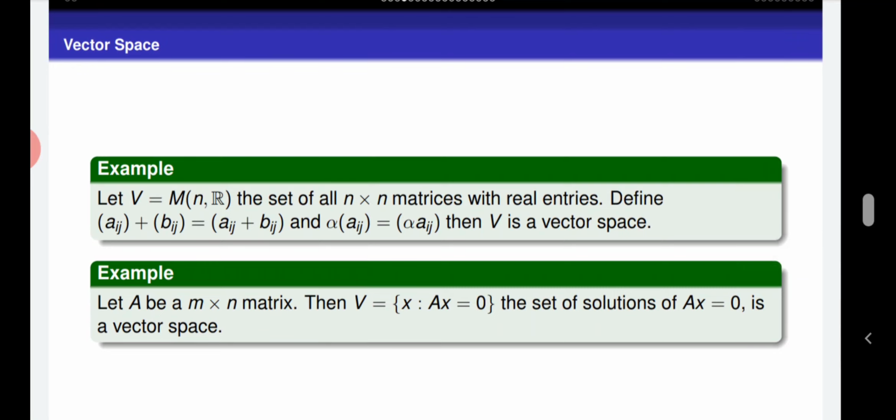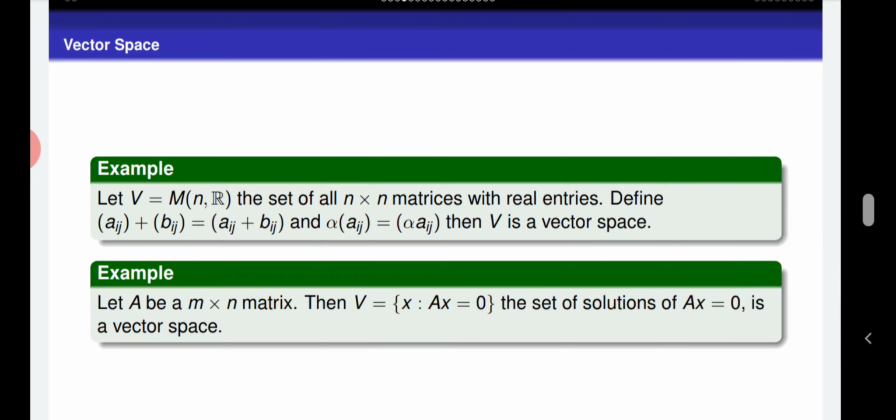Another example we have, let V be equal to M(n, R), the set of all n by n matrices with real entries. We define (Aij) plus (Bij) equal to (Aij plus Bij), and alpha (Aij) equal to (alpha Aij).